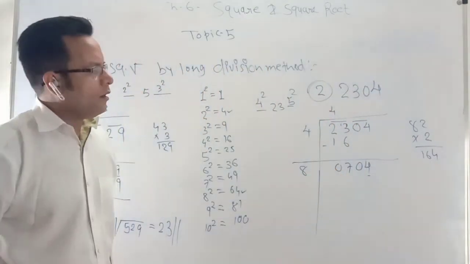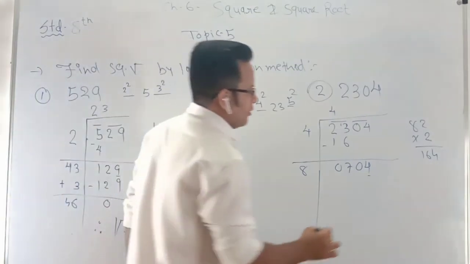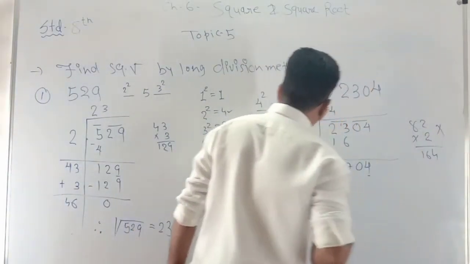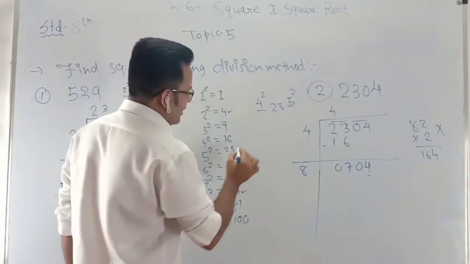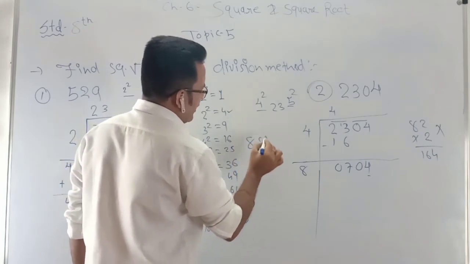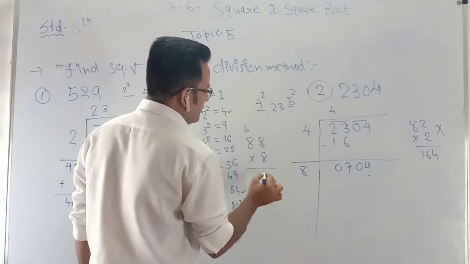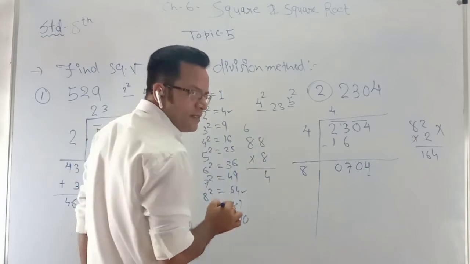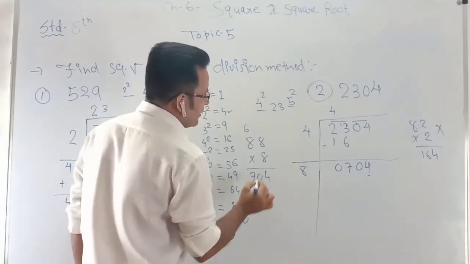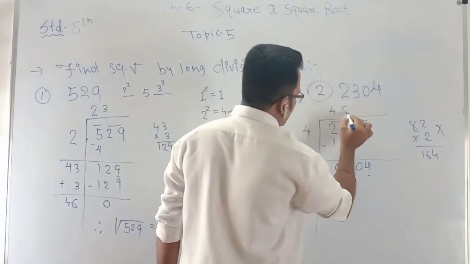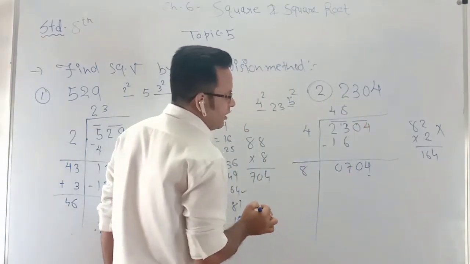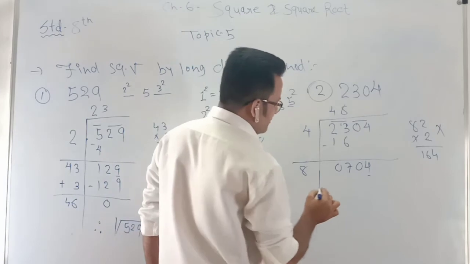But we want 704 here. So 2 square will not be possible. So we are going to take 8 square. 88 into 8. 8 8s are 64, plus 6, 70. So we got 8 here, 8 square you have to take.